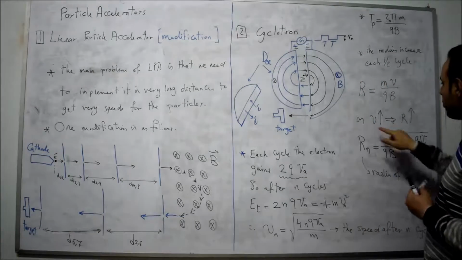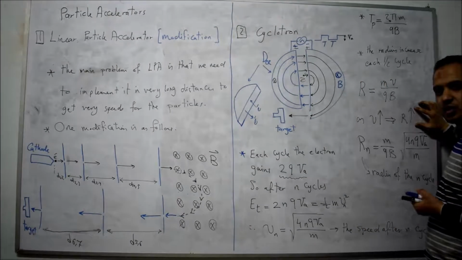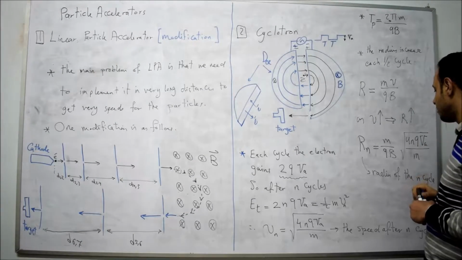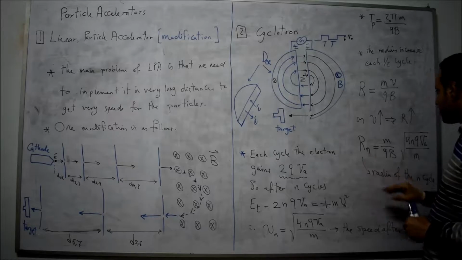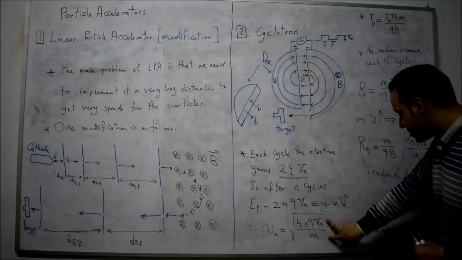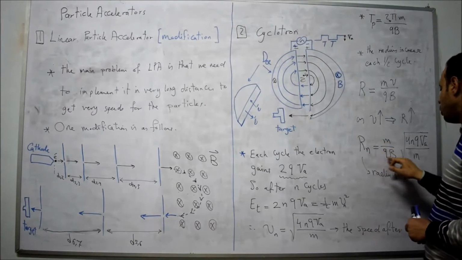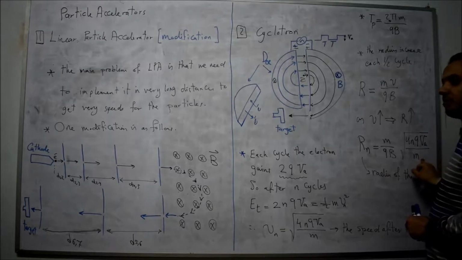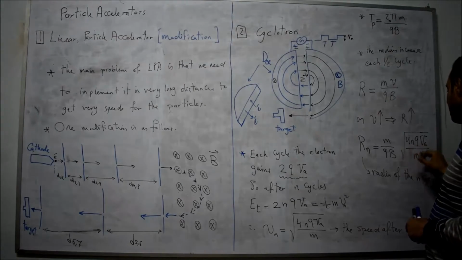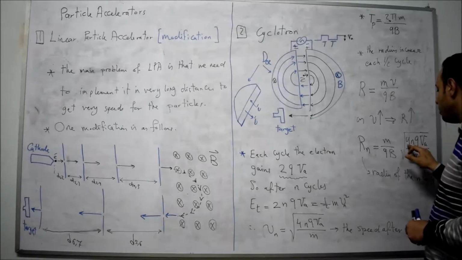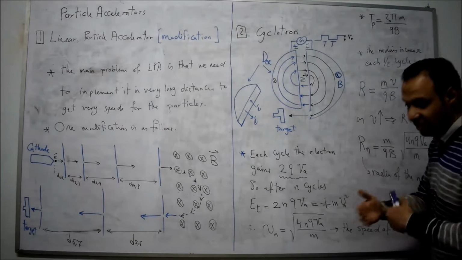So as we see here, if we increase the velocity, the radius will be increased also. After n cycles, V will be Vn using this value, so Rn is equal to m over qB times the square root of 4n qVA over m. As you see here, if n is 1, this will be 4 qVA over m. If n is 2, it will be 8 here, so the radius is increasing.